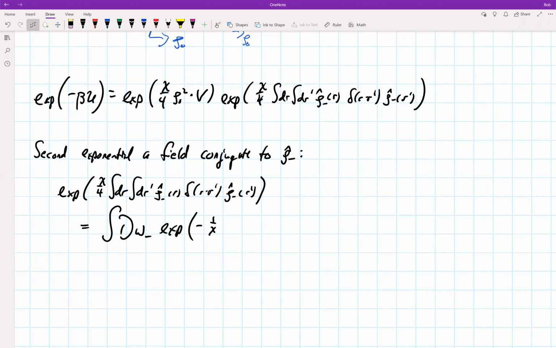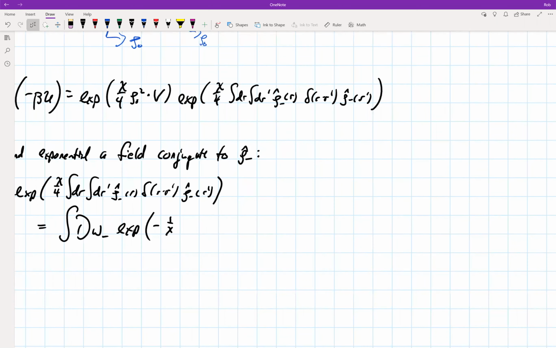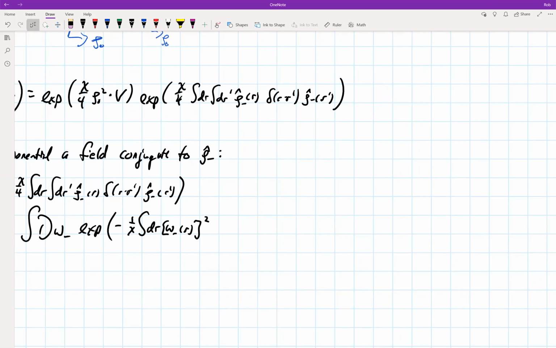The other important point is that the functional inverse of a delta function is another delta function, so we can exploit that and take one of the integrals over the delta function, and we just end up with integral dr W minus of r, and then this whole thing squared. And then we have the term that still couples the microscopic densities, or the particle positions, to the field W minus.